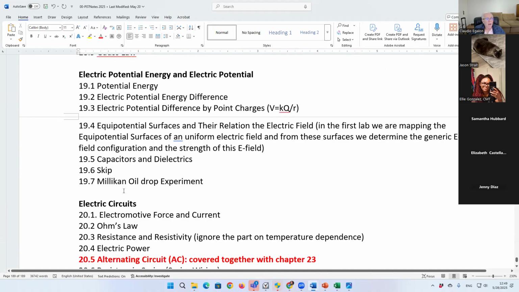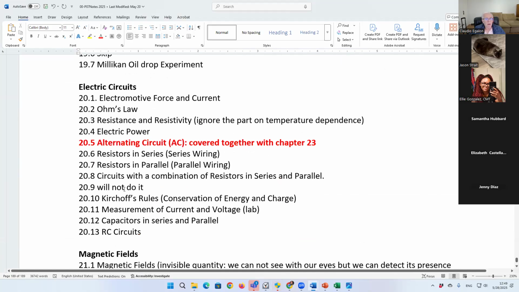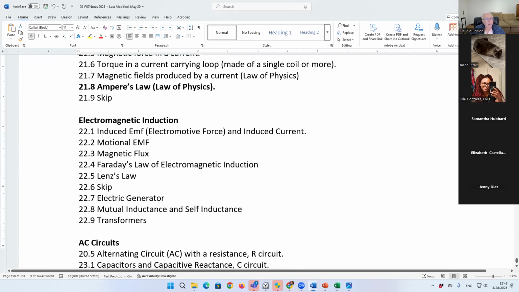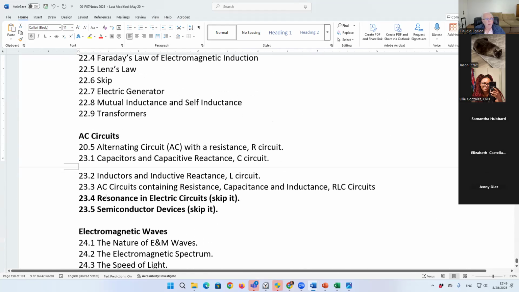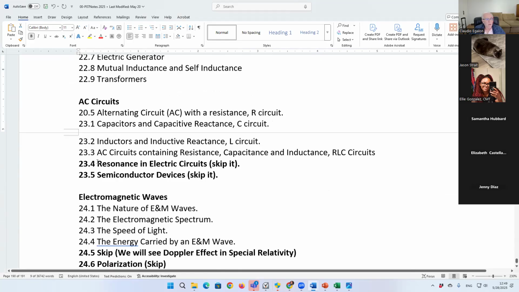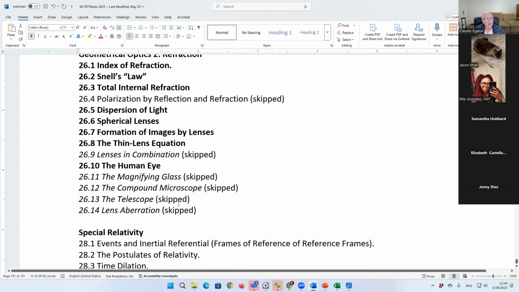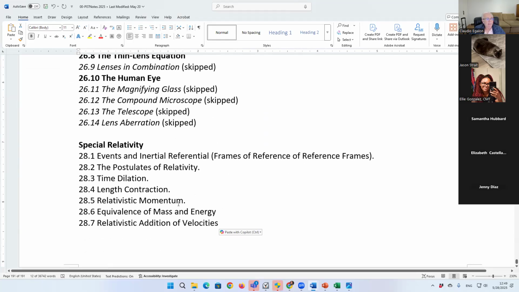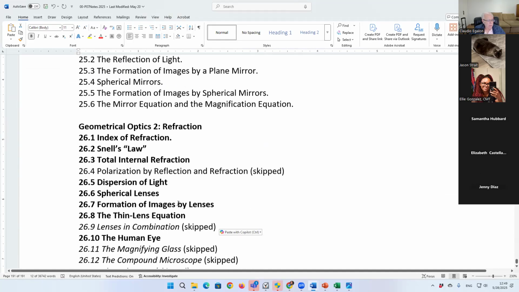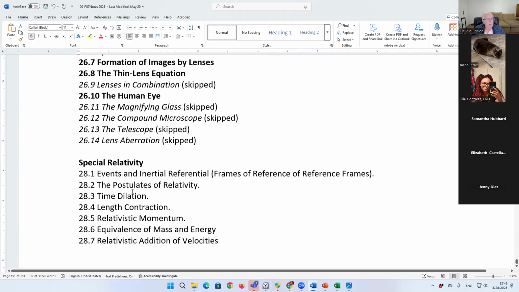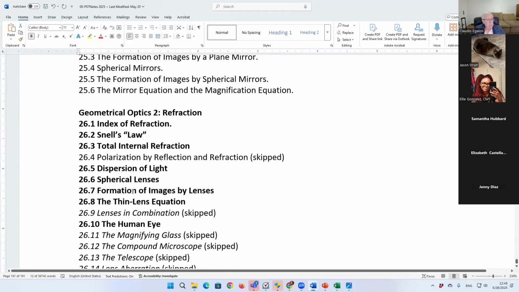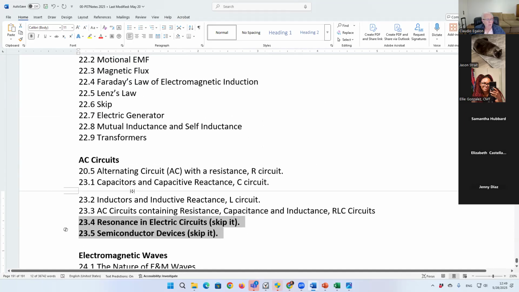This section was covered in chapter 23. We skipped those two. I'm thinking about covering chapter 27. Let's see if we have time. And we do that on Monday. And then we're going to have another lab on Wednesday.